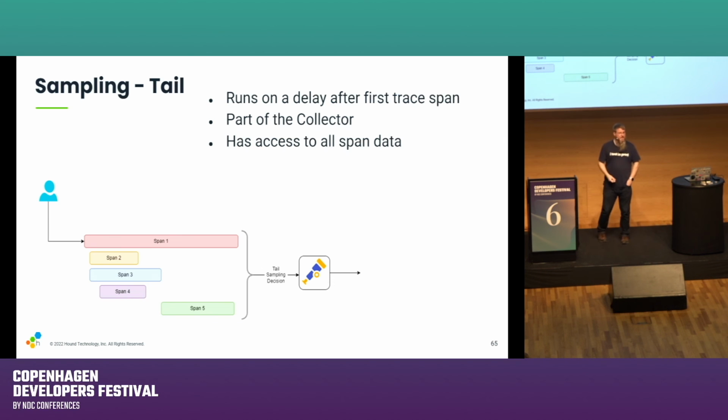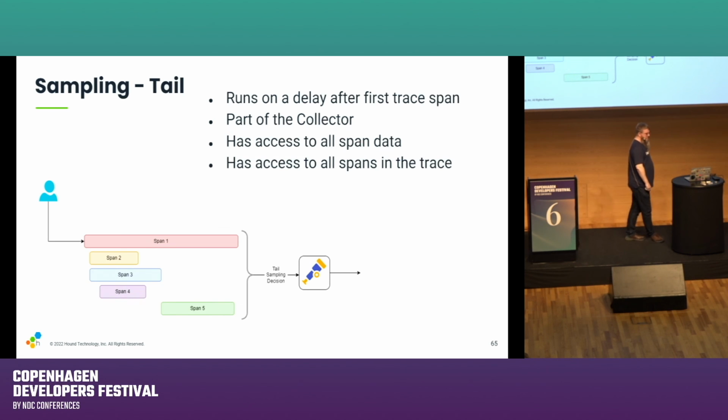Was there a retry? Did it take 5 seconds? Did it take a minute? Did it take 200 milliseconds? Which systems did it call? Did it call a third party? And it can do that across the entire trace, not just on one span.